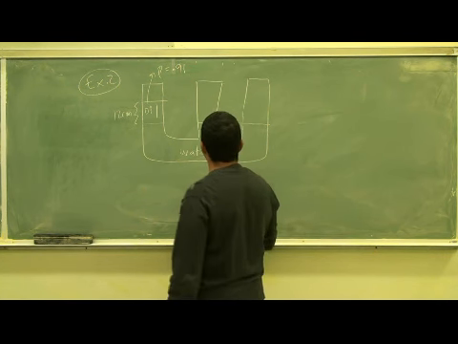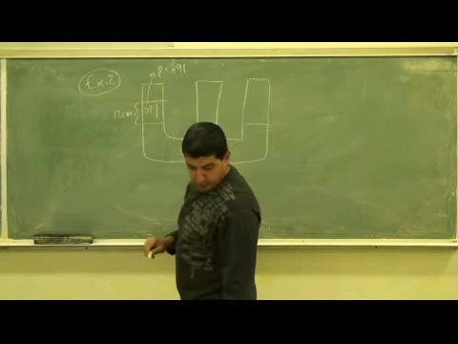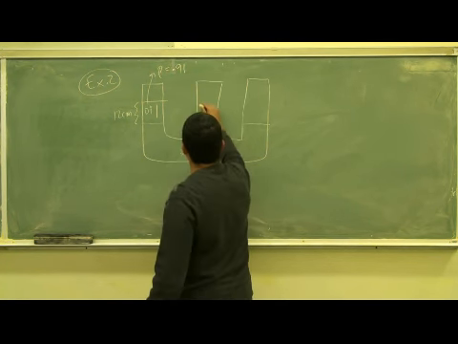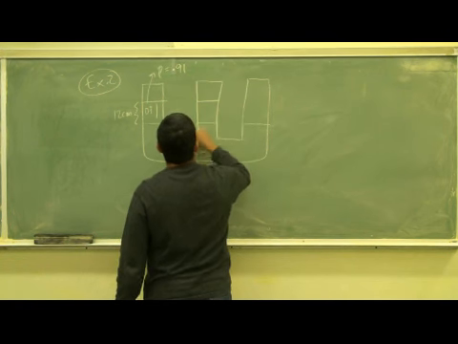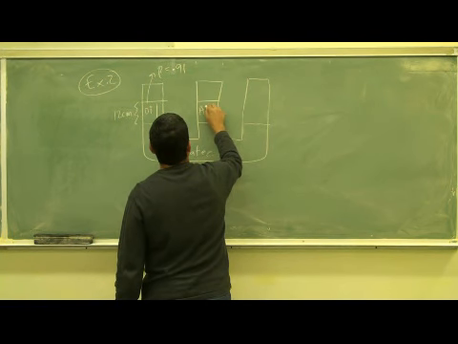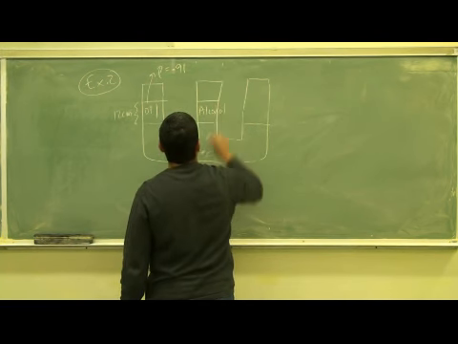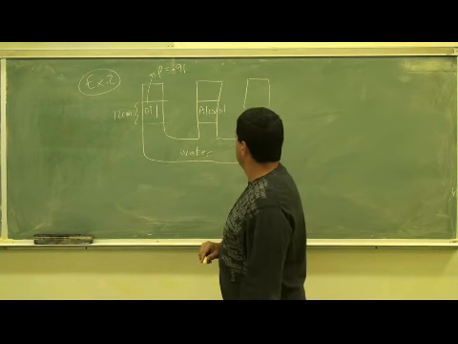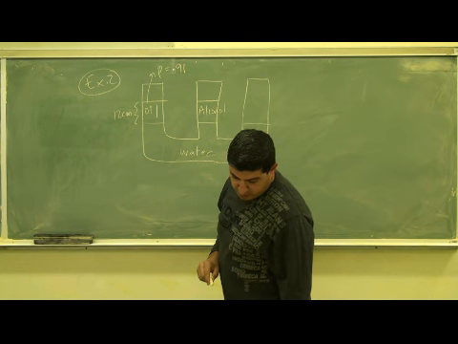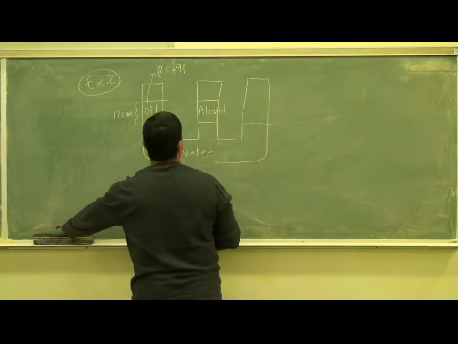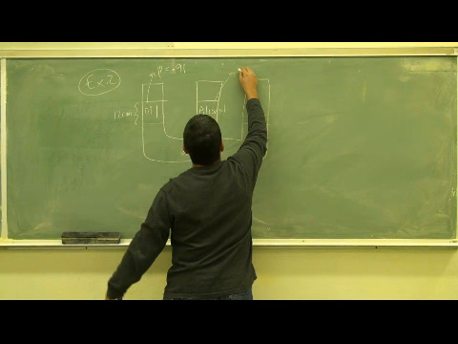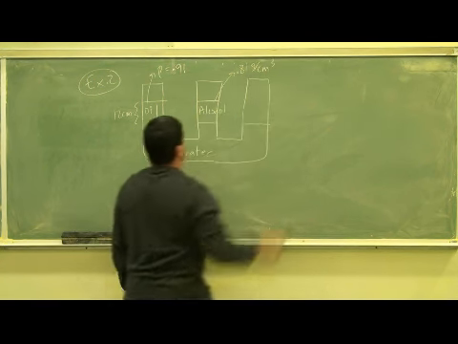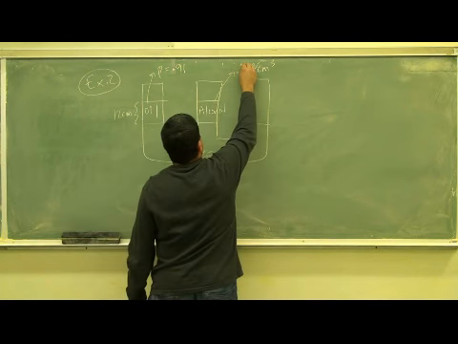Let's say we put here, in this one, alcohol, okay? And let's say the alcohol density is 0.81 gram per cubic centimeter.